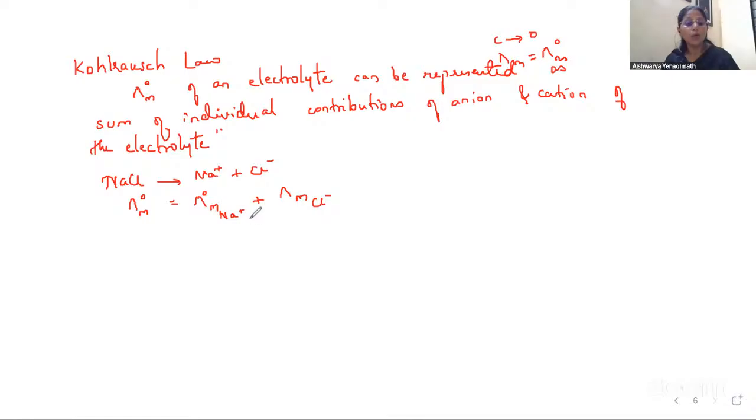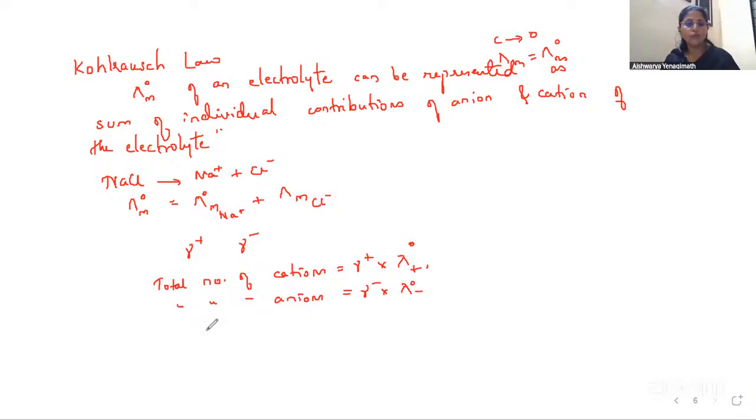If an electrolyte gives psi plus positive ions and psi minus negative ions, then the contribution of cations will be psi plus into lambda naught plus, and of anions psi minus into lambda naught minus.